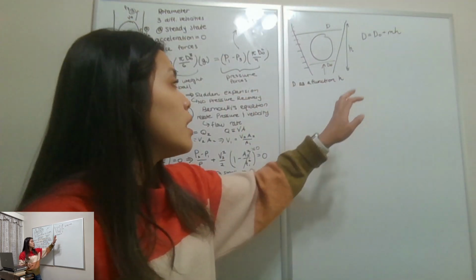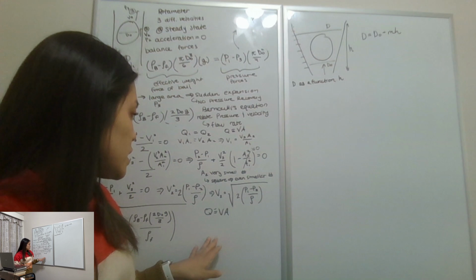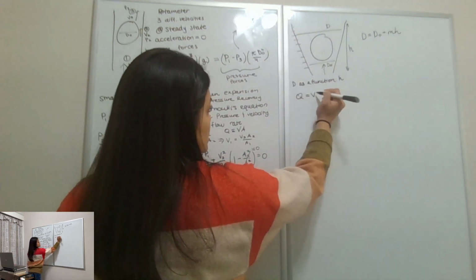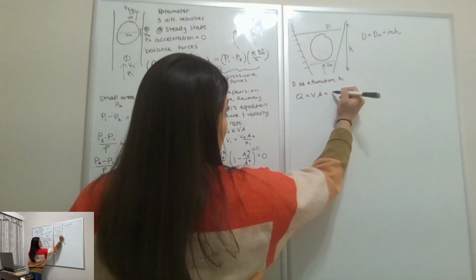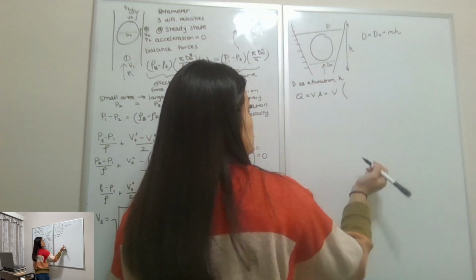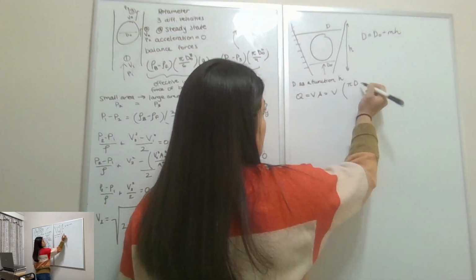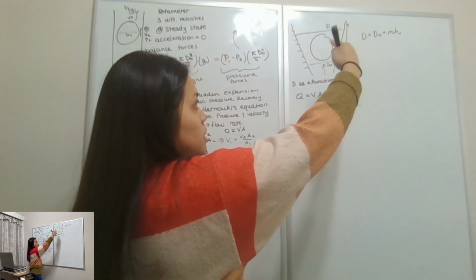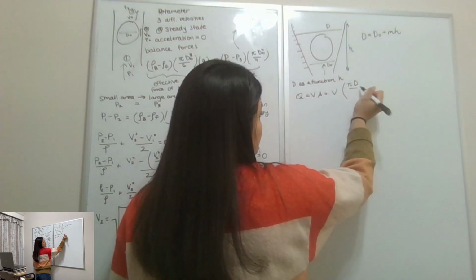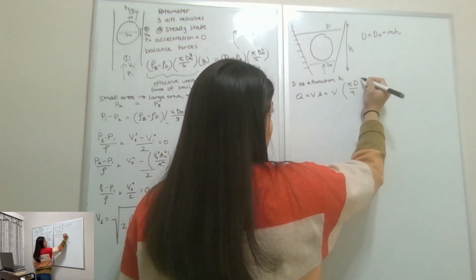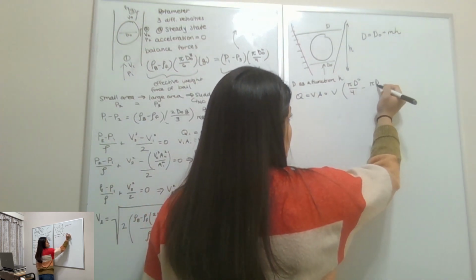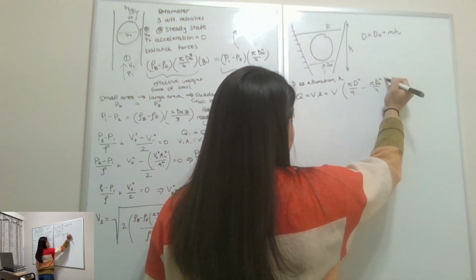This is important because if we were to talk about flow rate, flow rate is velocity times the area. Because the area is always changing, it's going to be pi times the diameter of wherever the ball is at, squared, divided by 4, minus pi times the initial diameter squared divided by 4.